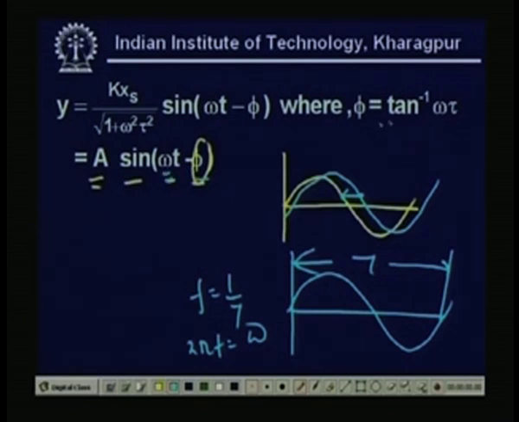So, this omega will influence a lot. The phase shift is also influenced by both omega and tau. You can see that the phase shift is equal to tan inverse omega tau, and the amplitude of the signal, which is A, is k xs under the square root 1 plus omega square tau square. You will find that if the omega is large, obviously the value of A, that means the amplitude, also will be small, right.